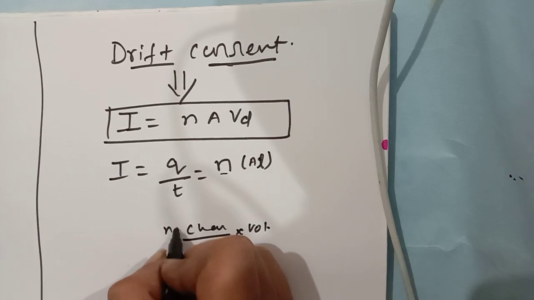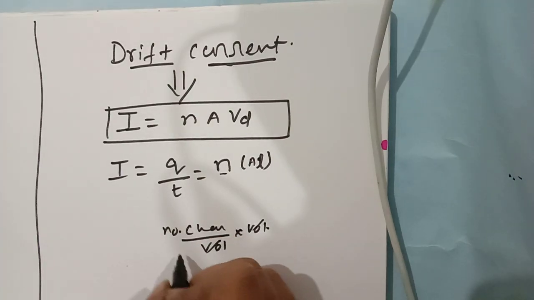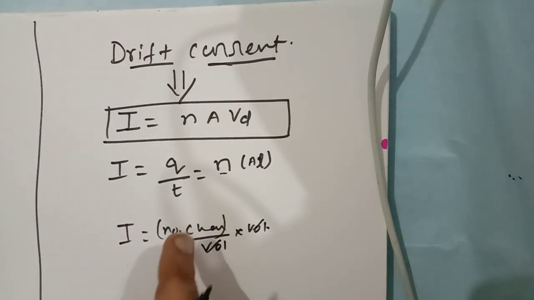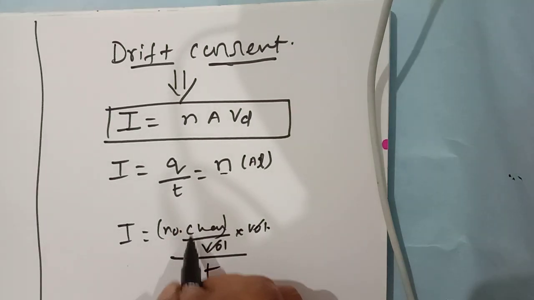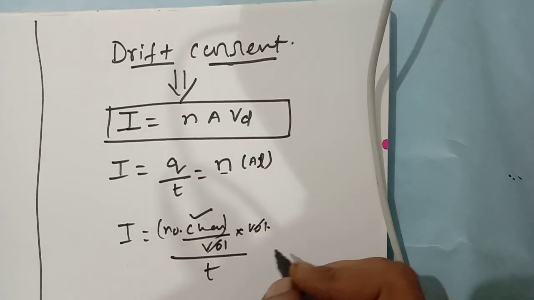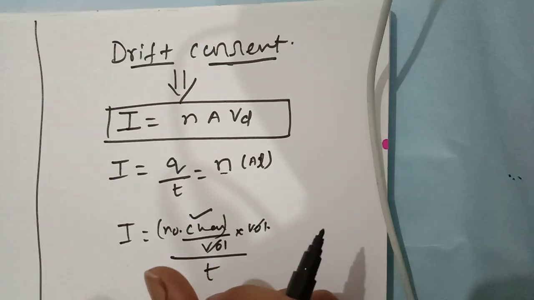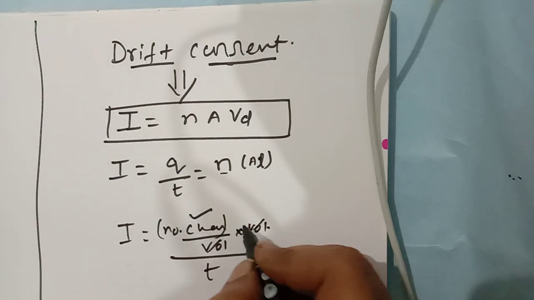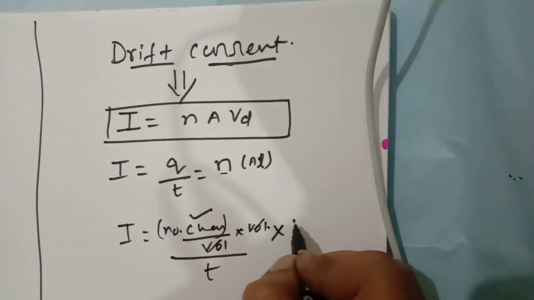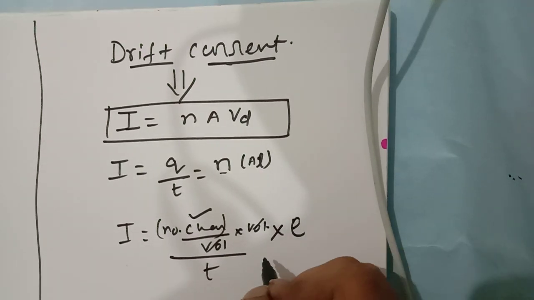So I is not equal to the number of charges divided by time. We are not interested in the number, we are interested in the amount of charge. So what is the amount of charge? Number of charges into one charge. What is one charge? It is e.